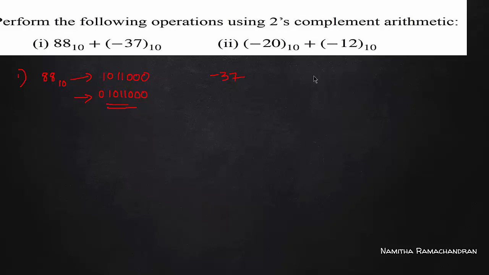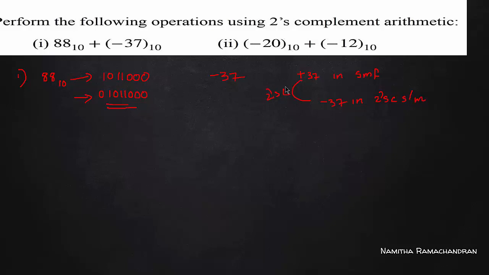The procedure is: first write positive 37 in sign magnitude form. After that, take its 2's complement form. That will form minus 37 in 2's complement system. Right? So this is the procedure.